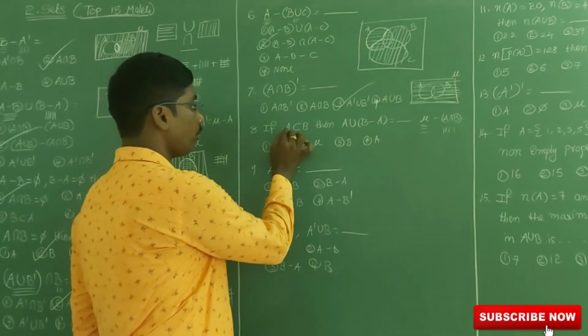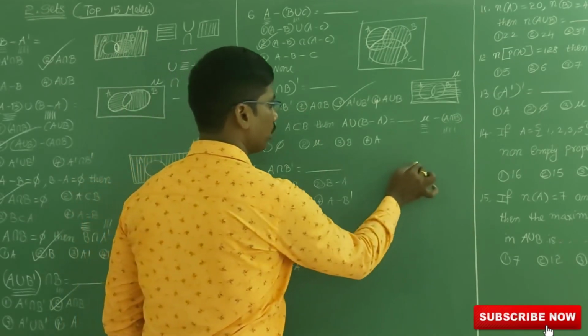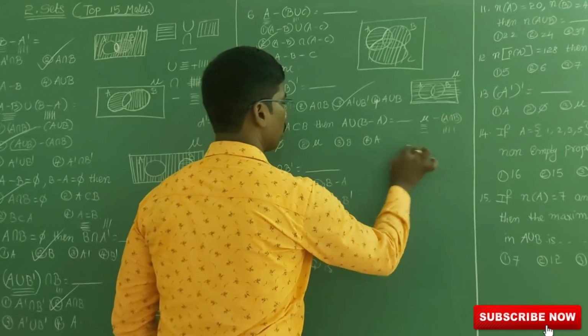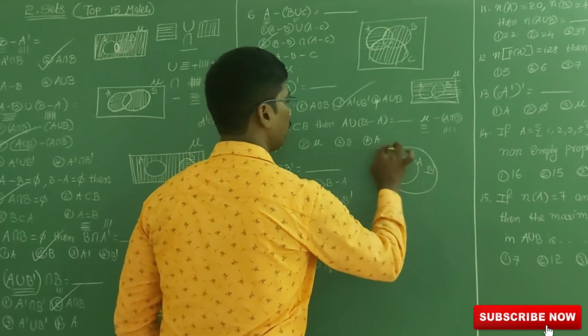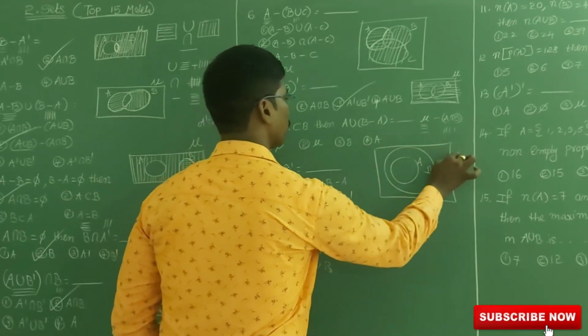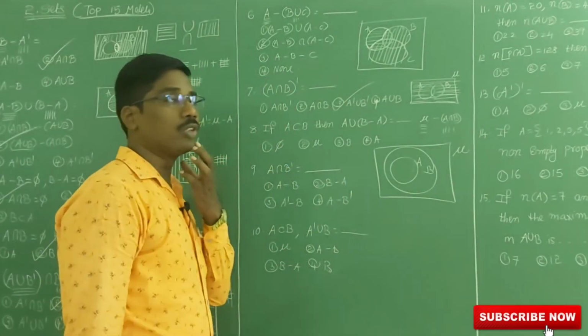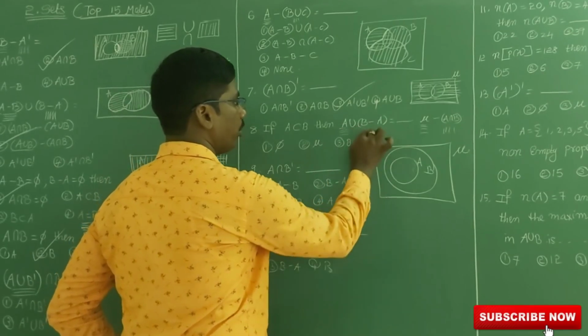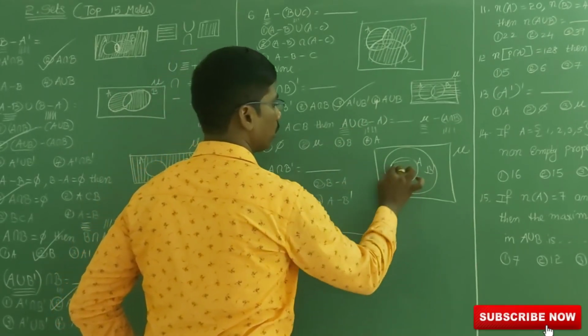Next, if A is a subset of B, this is A, this is B and this is mu. Okay. Now A union B dash. So A union B minus A. A is horizontal lines.